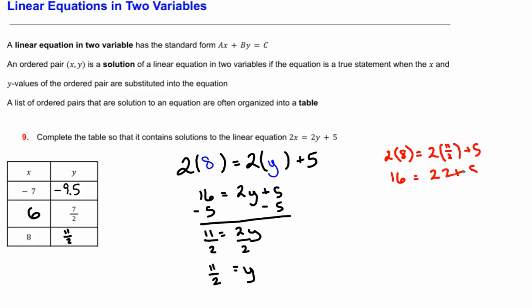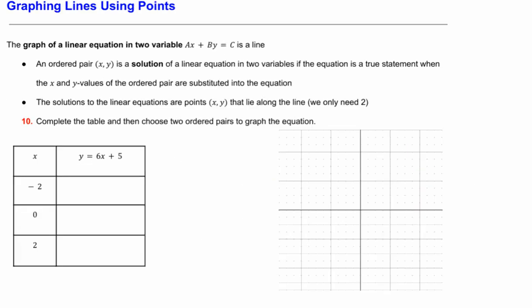Look at this. It doesn't work out. That's because I did my multiplication wrong in the check. 2 times 11/2 is 22/2, which is 11. There we go. 16 equals 16, and that does work out. Okay, good. We did do it right. We almost got it wrong because I checked it wrong. All right, let's keep going, though, and look at a few more.